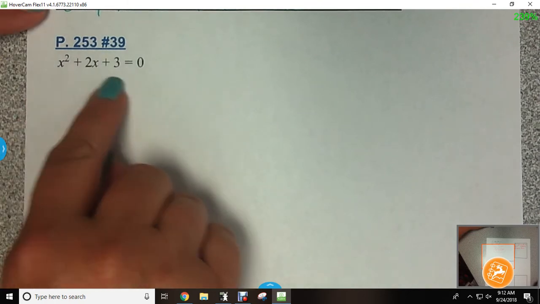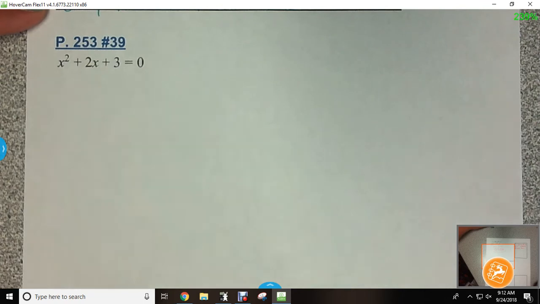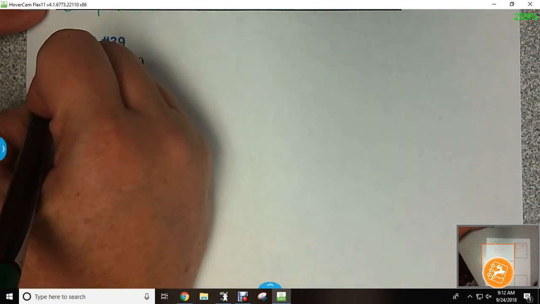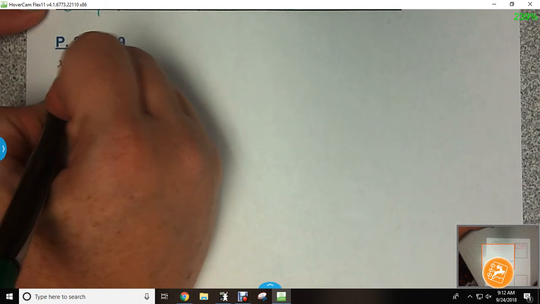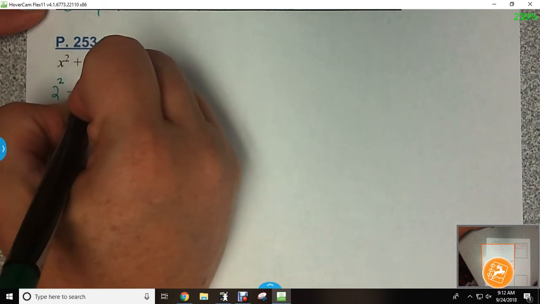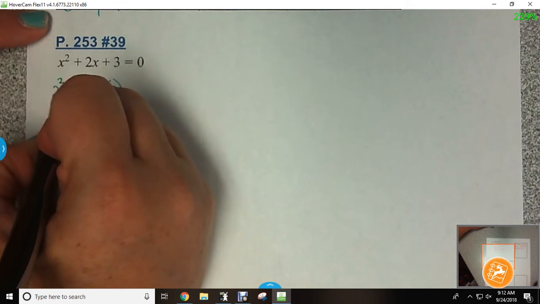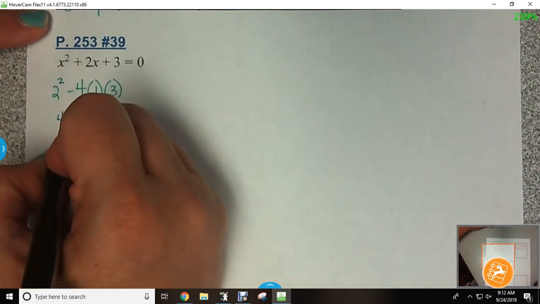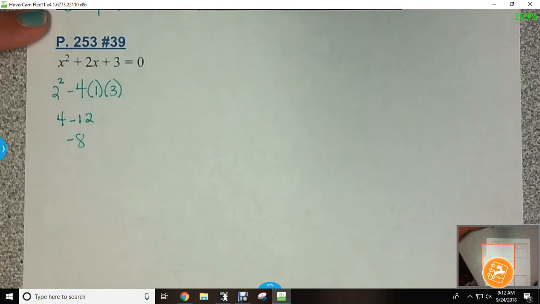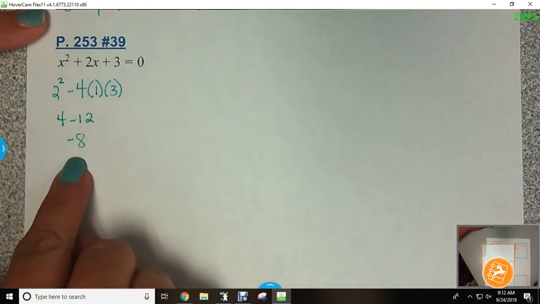All right, so for this problem, I'm going to start out with my discriminant. So b squared minus 4 times a times c gives me 4 minus 12 is negative 8. So remember, when your discriminant is less than 0, you're going to end up with two imaginary answers.